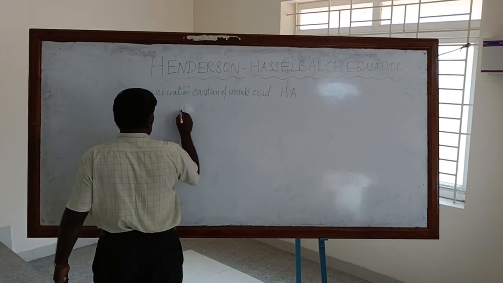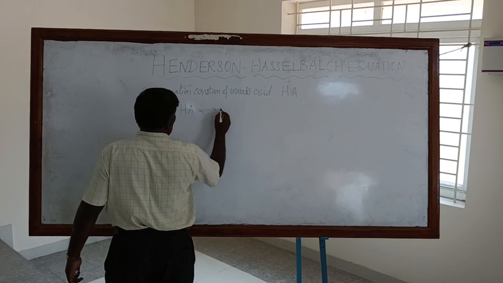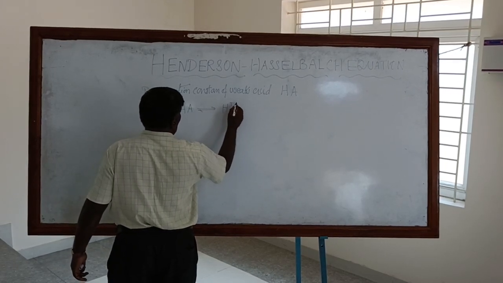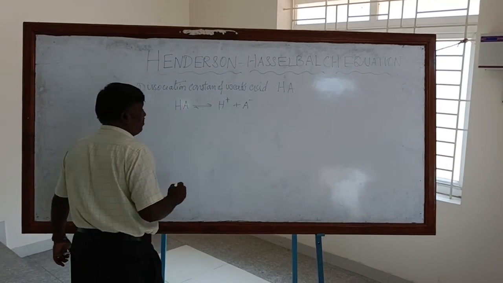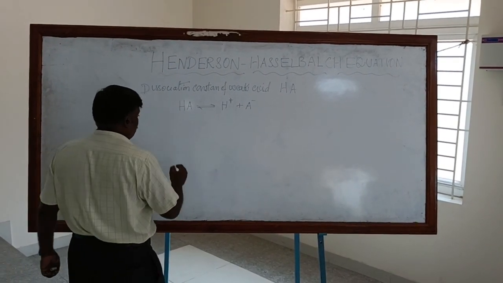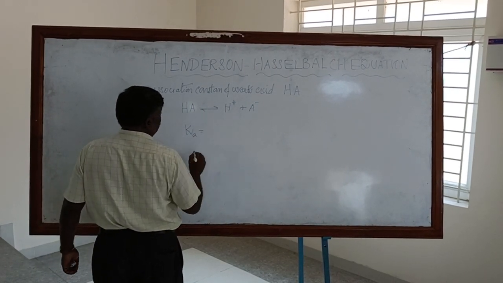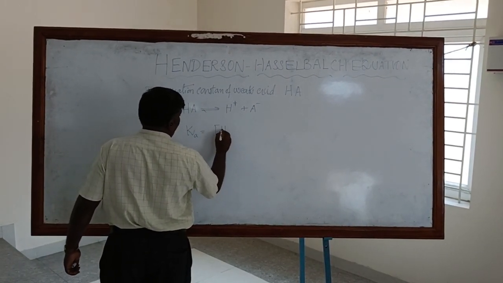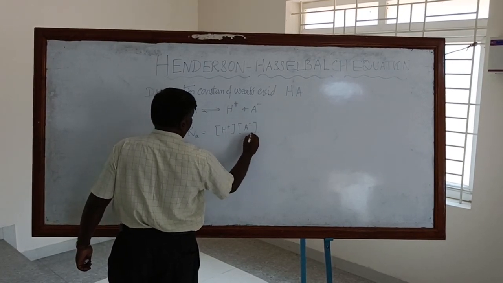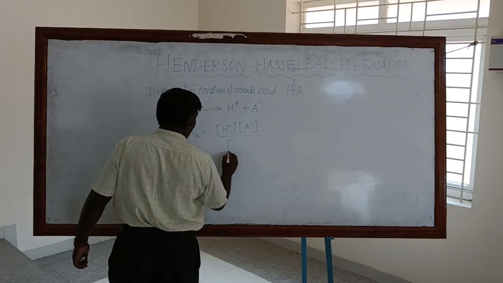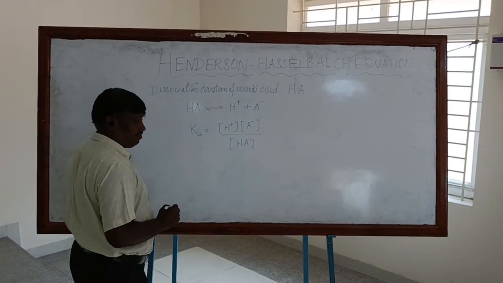So this HA dissociates to give H plus ion and the anion A minus ion. For this, the dissociation constant Ka can be written as concentration of H plus ion into concentration of A minus ion divided by the concentration of weak acid.